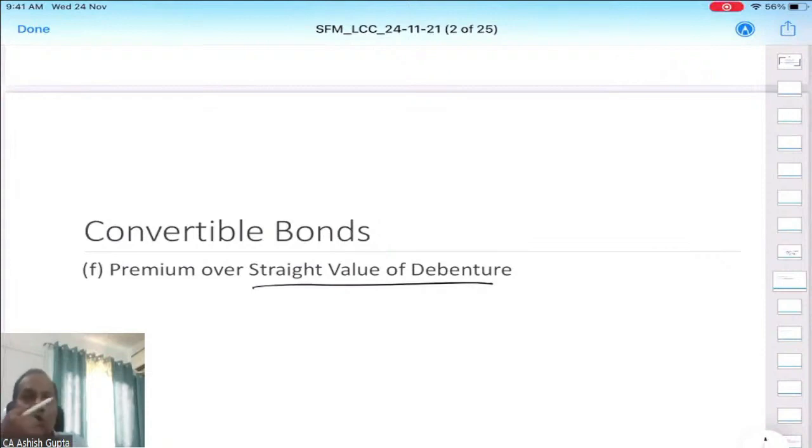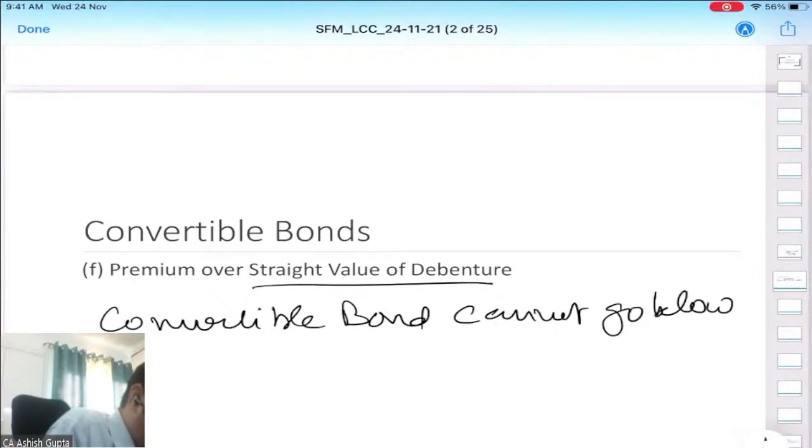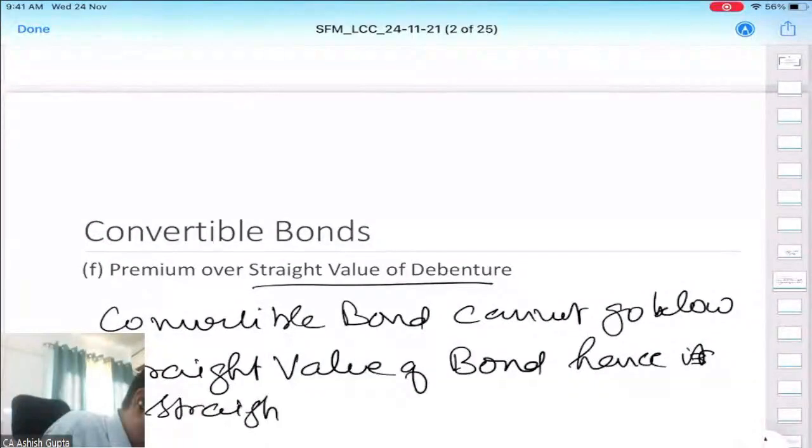The convertible bond price cannot go below the straight value of the bond, hence the straight value is called the floor value.